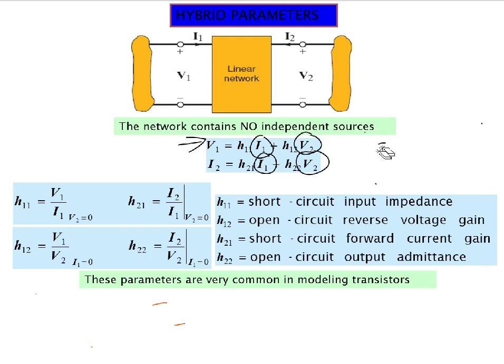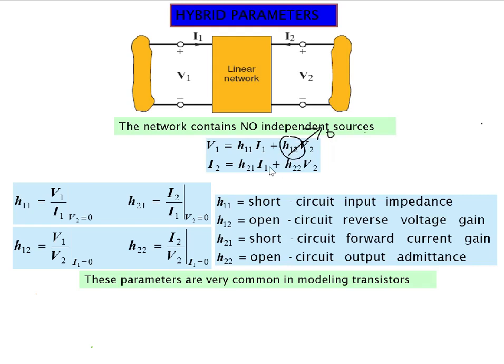I have already written these things in the slide below. Here H11 is calculated if we make this side 0. How can we make this thing 0?